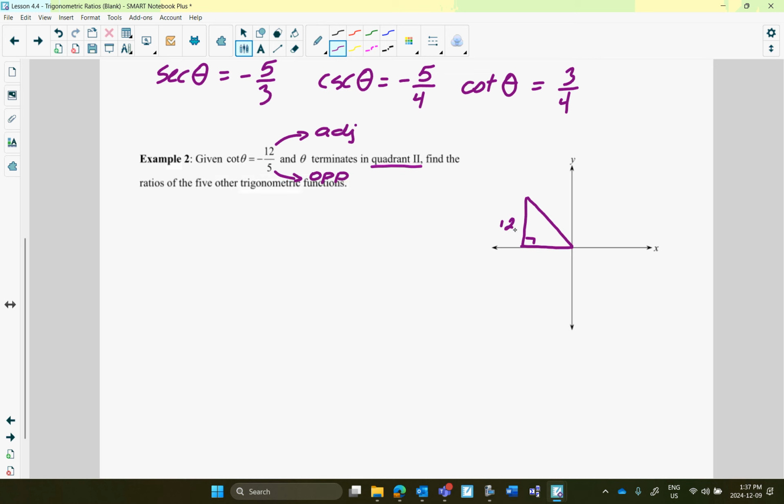This is negative, so the negative must go to the 5. Oh, wait, did I get it? No, sorry. I got my numbers wrong. I got my negative right, but I got my numbers wrong. So it should be negative 12, positive 5, like that.